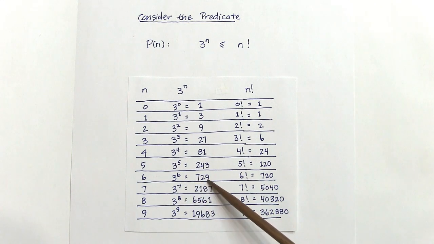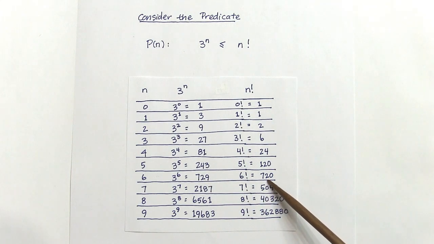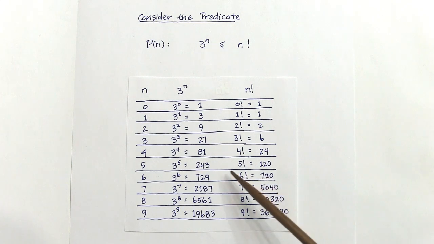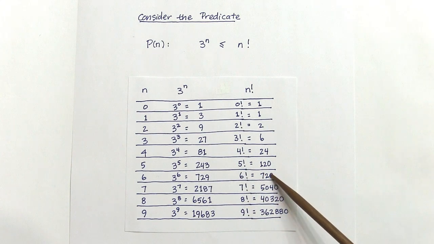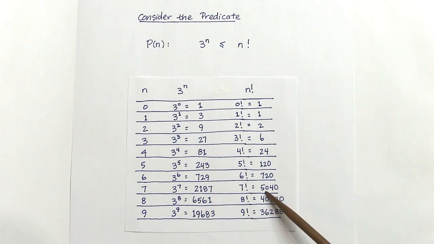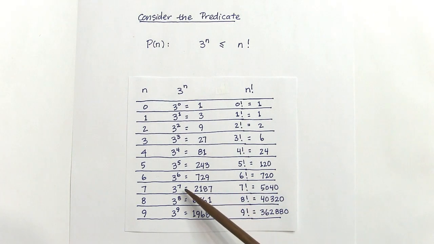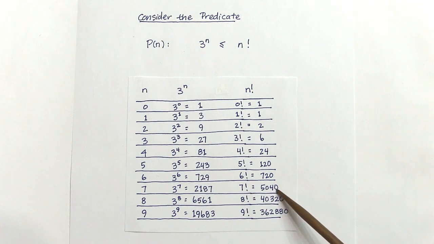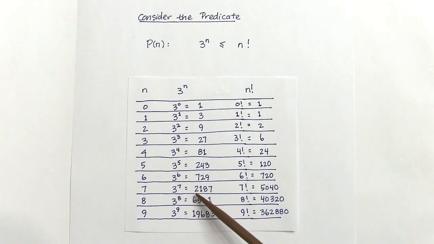And 3 to the 6 is 729, while 6 factorial is 720. It's still not greater than 3 to the n, but it's getting close, so that when we get to 7 factorial, indeed, n factorial now is greater than or equal to 3 to the n, because 7 factorial is 5040, whereas 3 to the 7 is only 2187.